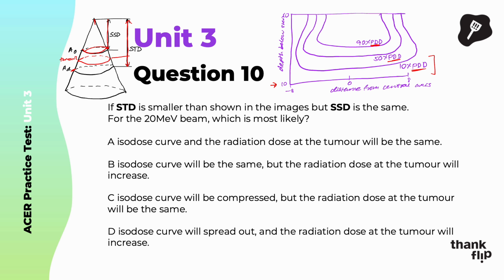Then at 10 centimeters below the skin, you're getting 10% of the percentage depth dose. Whereas if you're closer to the skin, say we'll say it's over here, 3 centimeters, then you're getting 90% of that percentage depth dose.